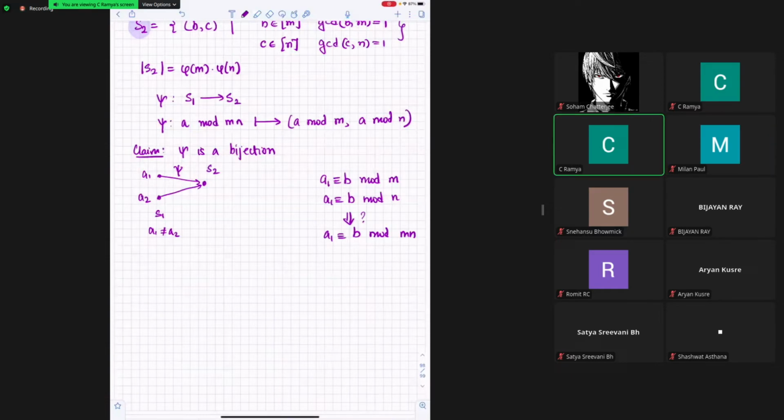Can someone see why this should or should not be true? Leave this as an exercise. So this is via the Chinese remainder theorem.